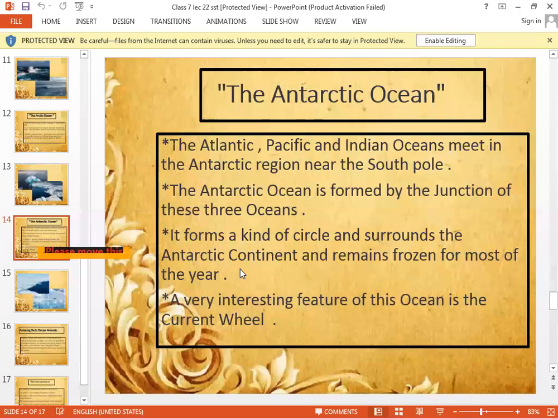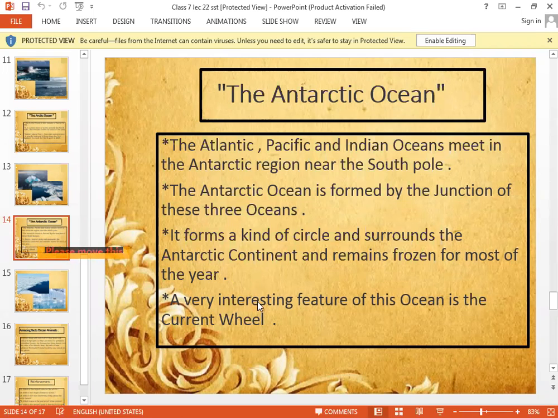That's why no permanent human activities are here, or no one can live here because all the time it remains frozen.